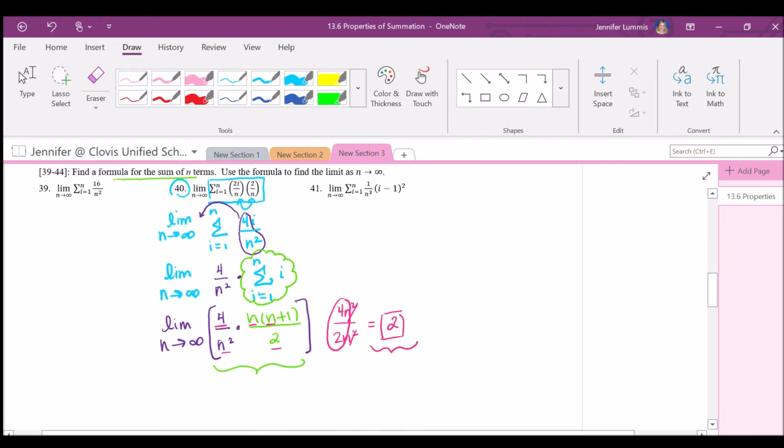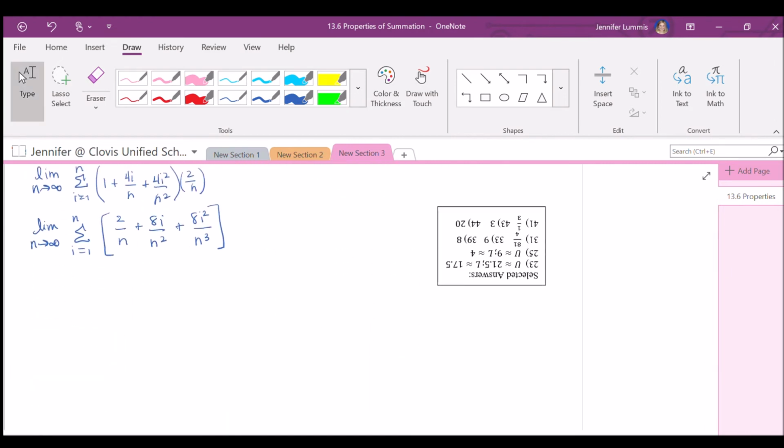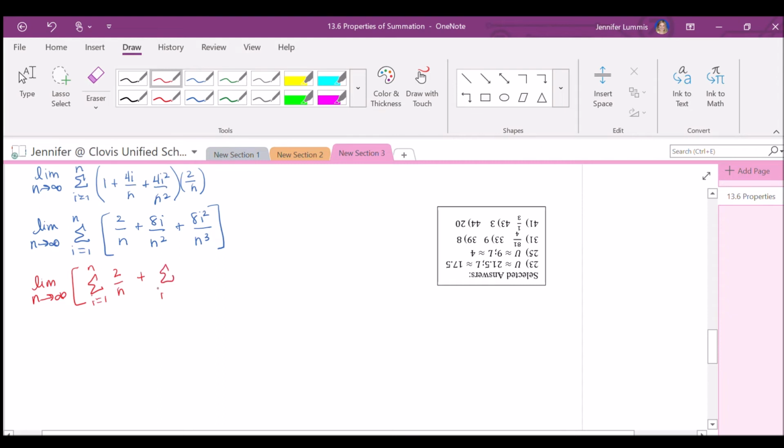Okay, so step one, we're going to split them all up. This means my limit as n approaches infinity is now the sum from 1 to n of 2 over n plus the sum from 1 to n of 8i over n squared plus the sum from 1 to n of 8i squared over n cubed.